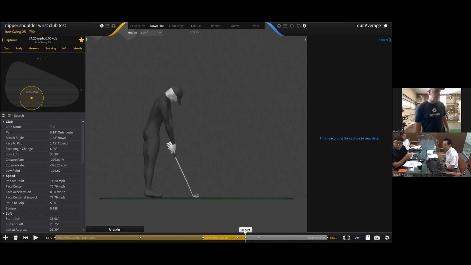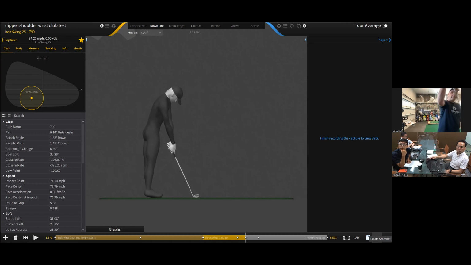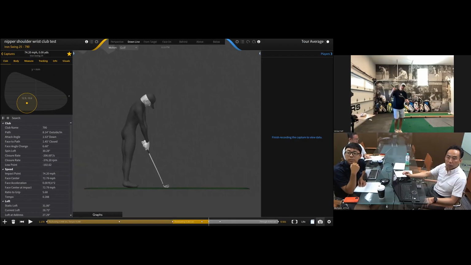Okay, good question. So here's a good example of a player. If your player starts here and lands here, so let's say the club's going this way, that's going to move the mark toward the toe.